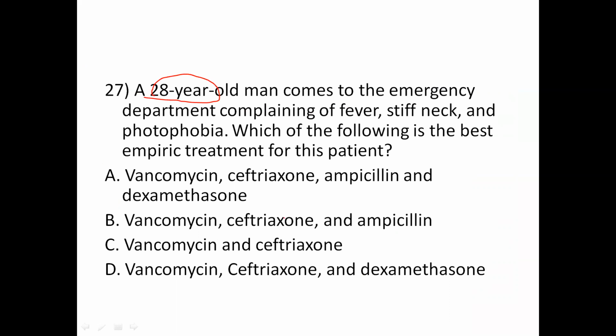So in addition to antibiotic, you will give adjuvant therapy. So our answer would be vancomycin and ceftriaxone to cover strep pneumonia and Neisseria meningitis, and also dexamethasone as an adjuvant therapy. So this is the answer.